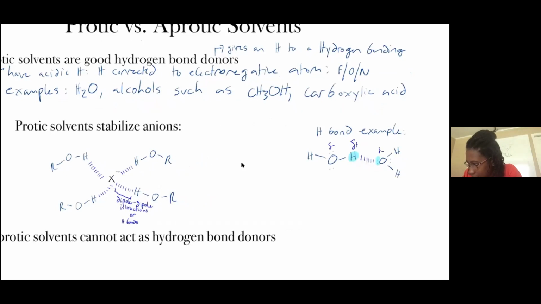This oxygen is partially negatively charged as well, so there's an intermolecular hydrogen bond and they attract each other. This water molecule would be referred to as the hydrogen bond donor because it's giving a hydrogen, while this water molecule would be called the hydrogen bond acceptor because it has the lone pair on the oxygen.